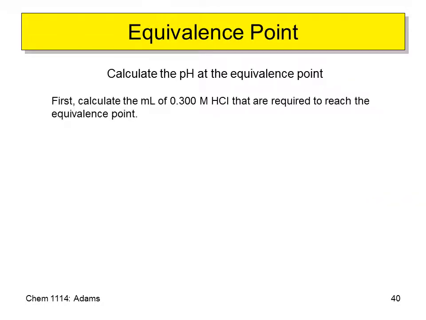So in part, I guess we're in part 2C. I don't know why it says 1 again. Please excuse that. I will change that in the lab manual. First, calculate the milliliters of the hydrochloric acid required to reach the equivalence point.